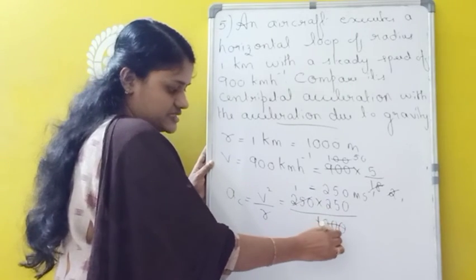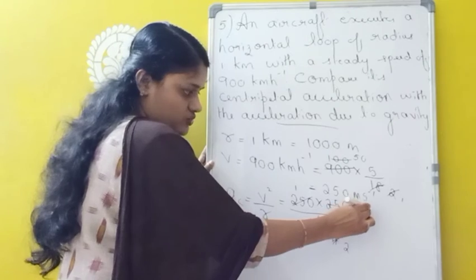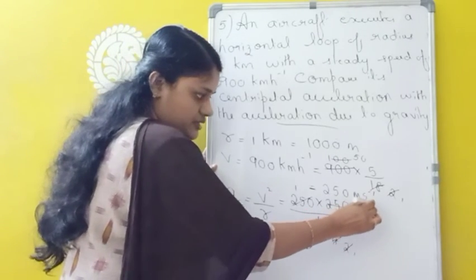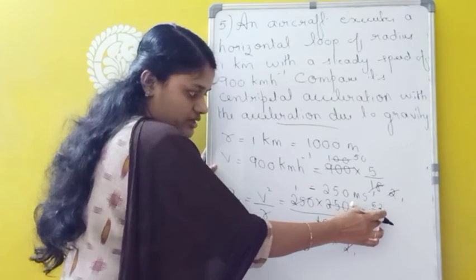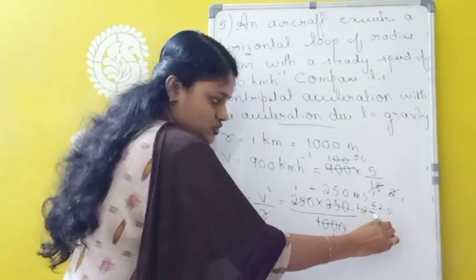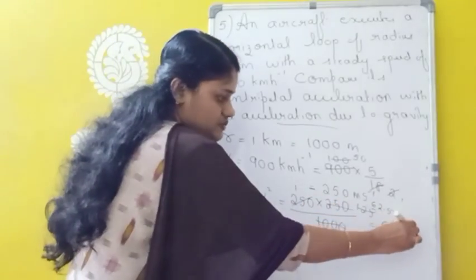So again we can cancel with the 2 here. So 125 by 2. Again we can cancel with the 2. So 6 2s are 12, then 2 2s are 4, then remaining 1. So 10 in 10 how much? 2 times 5. So you will be getting 62.5. What is the unit of acceleration? Meter per second square.